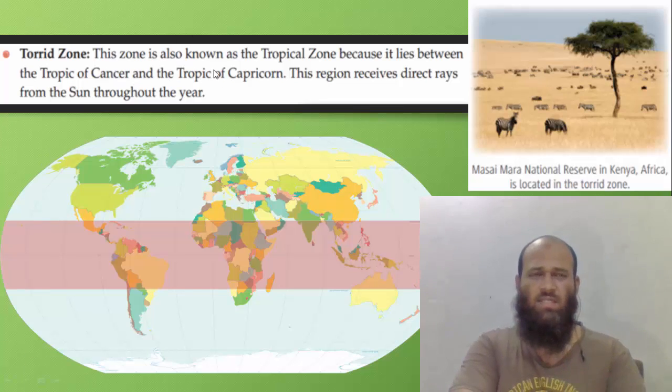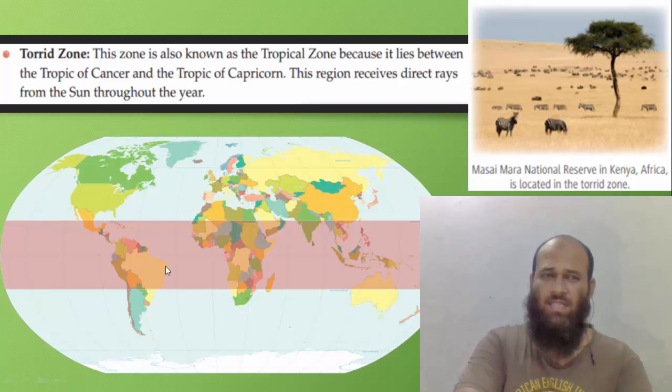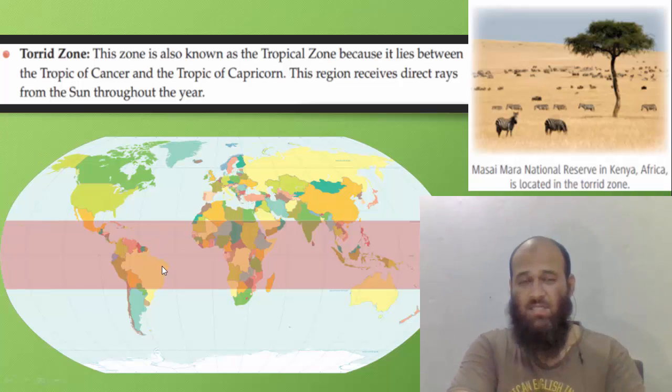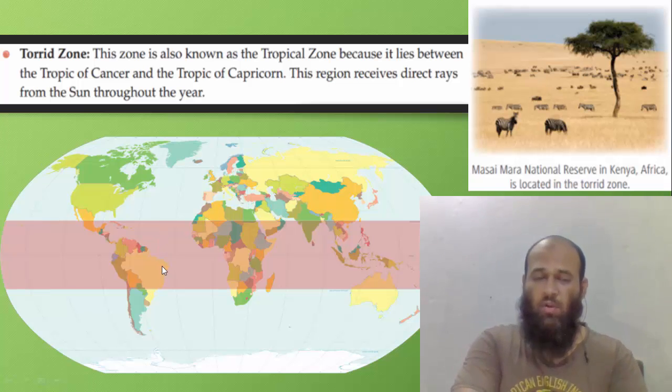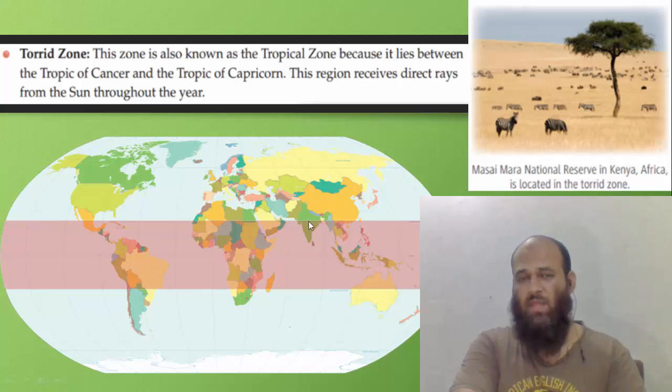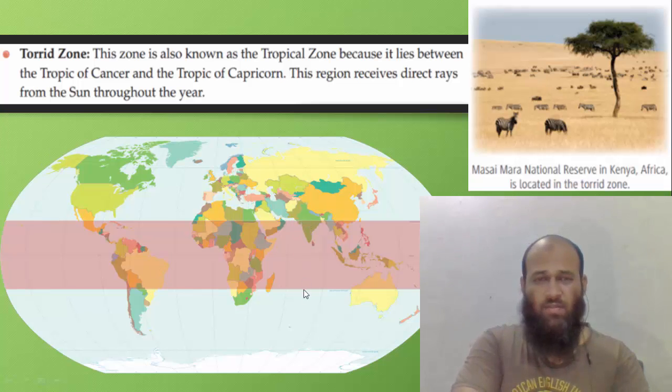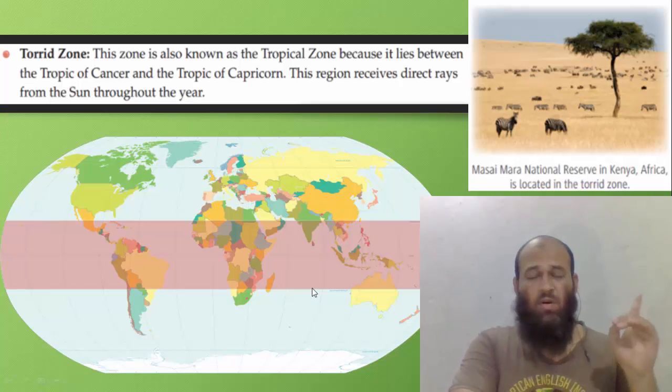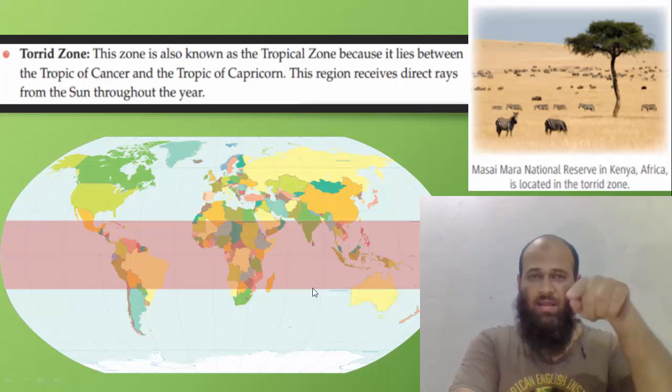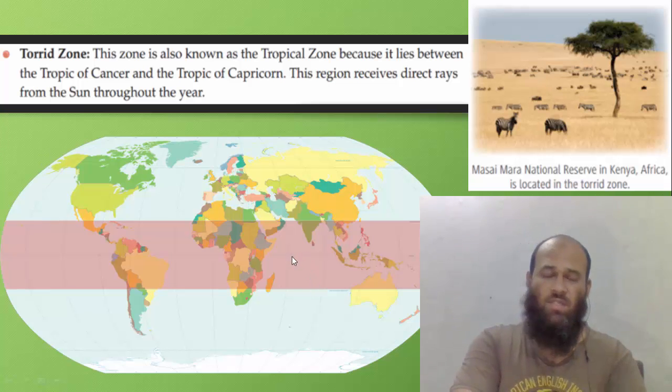Here you see this is the torrid zone. This zone is known as the tropical torrid zone because it lies between the Tropic of Cancer and the Tropic of Capricorn. If you remember, 23.5 degrees north and 23.5 degrees south. Remember, important parallels of latitude. This is the importance here.